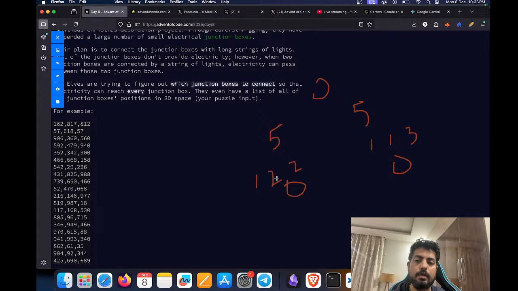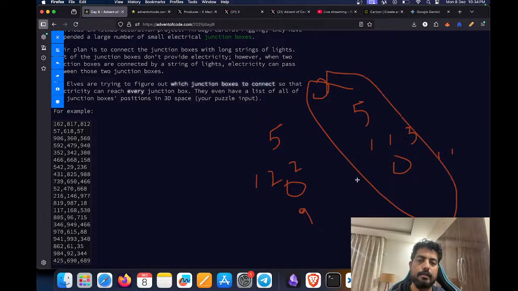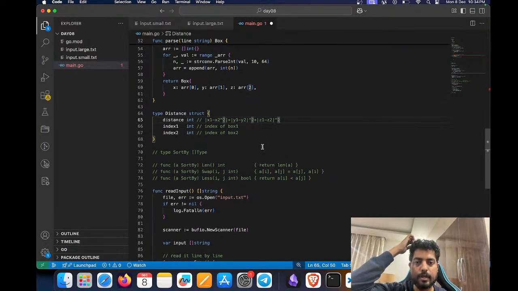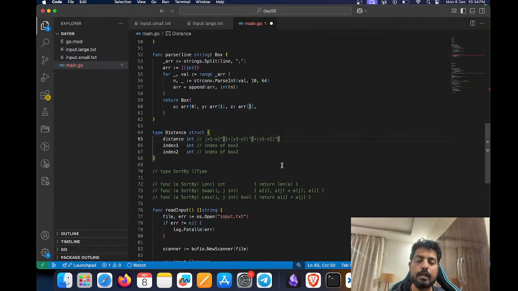But this is not the correct distance. Both of them sum up to 5, but the squares sum up to 4 plus 1 plus 9, and here the actual distance is 11. So we will have to choose this pair first. Therefore, we can't just take the modulo here, we need to square the distance. That is the right way to do it.